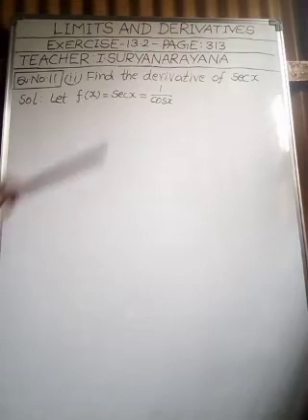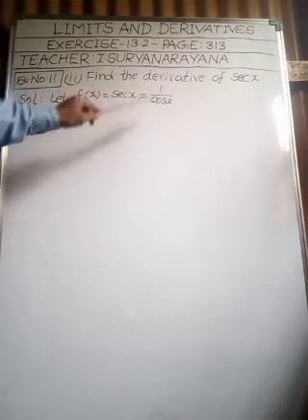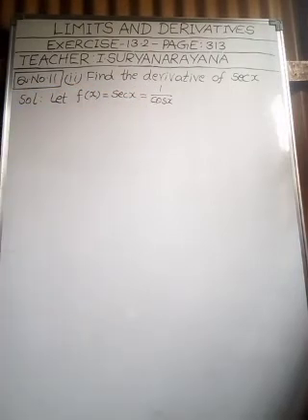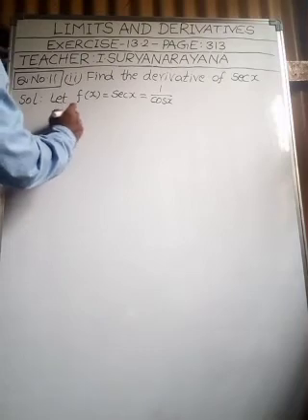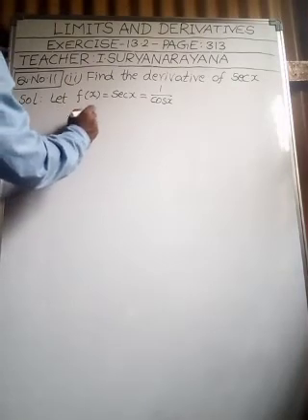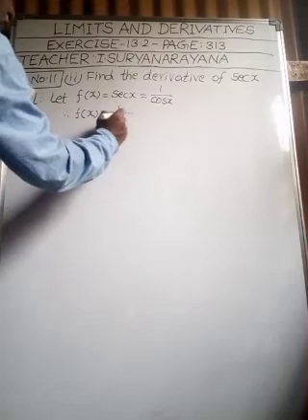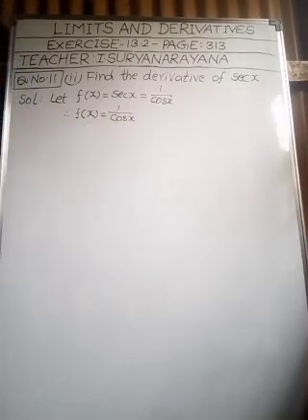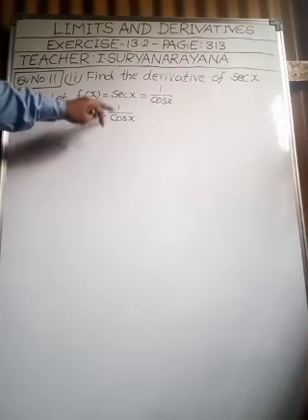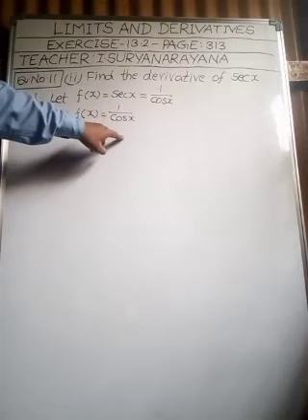Now, it is in the form of u by v. So we use the u by v formula, that is the quotient rule, to find the derivative of this function. Got this idea, my dear children? Yes. So therefore, f of x is equal to 1 by cos x. It is in the form of u by v, where u is equal to 1 and v is equal to cos x.